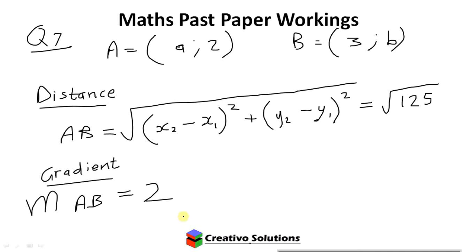Then they said find possible values of a and b. Gradient of AB, so I'm just going to write down the gradient formula: y2 minus y1 over x2 minus x1.